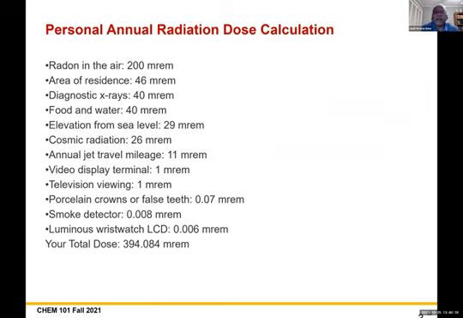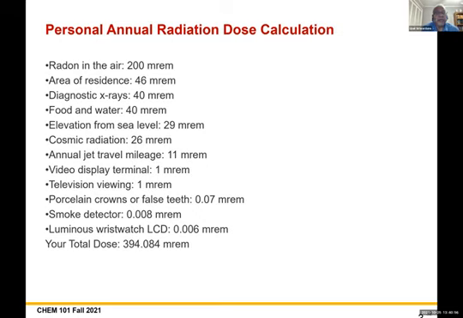So I calculated my radiation dose based on where I live in Preston, Louisiana. The radon in the air is 200 milligram, a very small amount. 44 for area of residence, that's where I live. Diagnostic X-rays, they consider how many dental X-rays or chest X-rays you take on average per year.